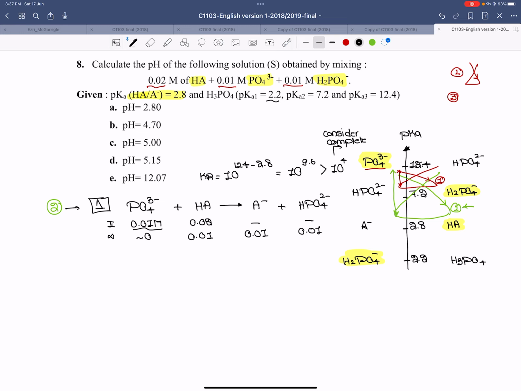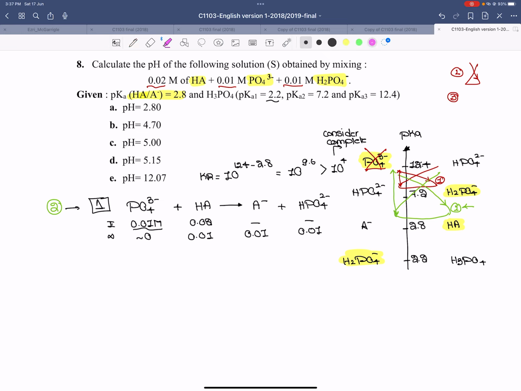That's the first one. Second, you don't go to the second option that we had, to the second Kr. No. Now you register what are the real values in your system. The first thing is PO4 3- is now a negligible value. It doesn't exist anymore. Well, it does exist, but not considerably.